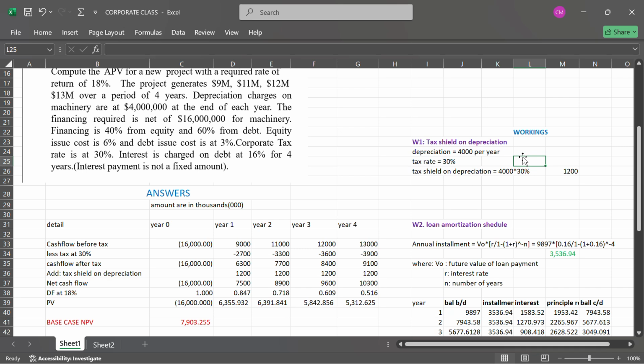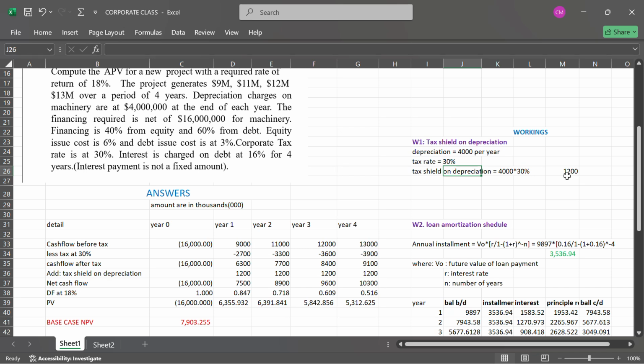The tax rate is 30%. So what I do to compute the tax shield that will be gained each year is to take this amount of depreciation per year, then multiply by 30% as a tax rate, so that I can get tax shield of 1,200, which will be taken as tax shield on depreciation.